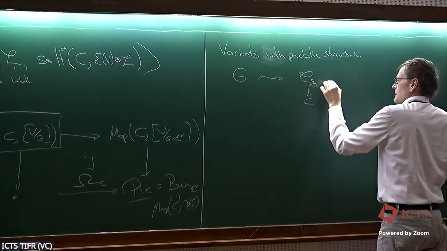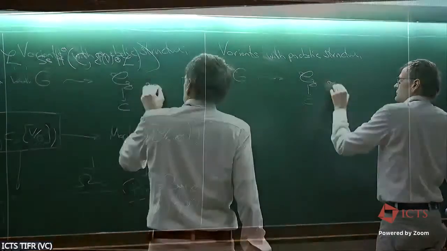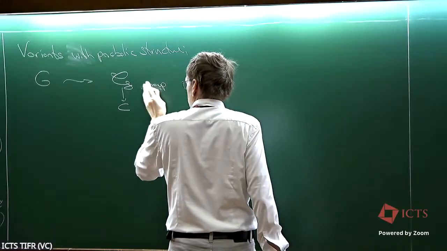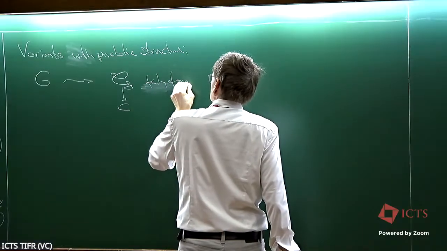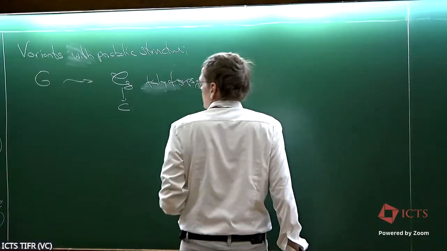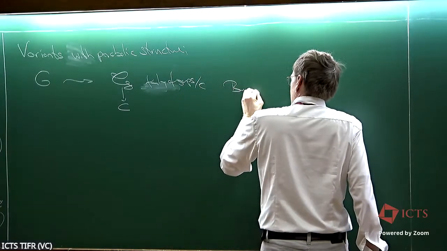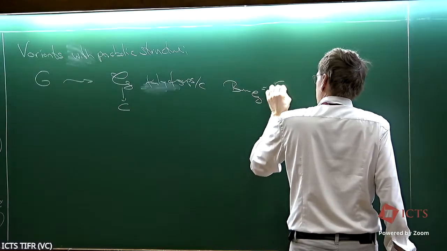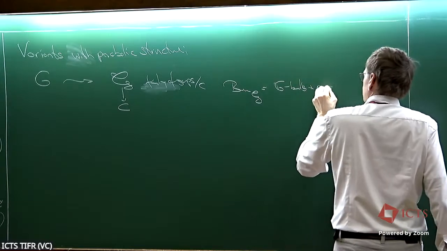So a family of groups over C. So this allows Bun_G to be G bundles with parabolic structure.